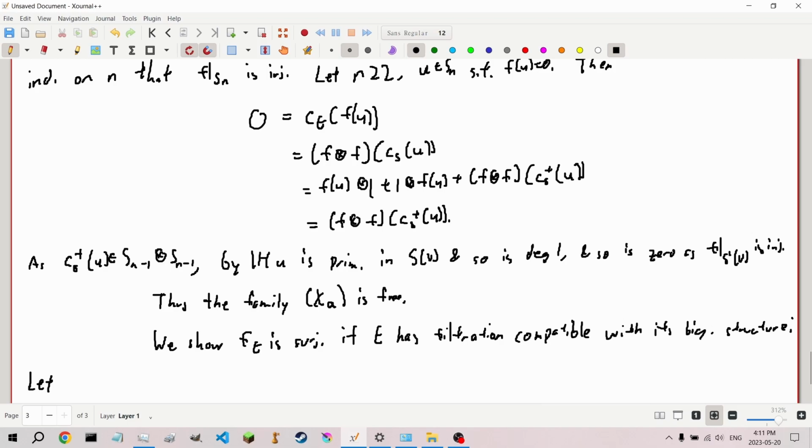So we're going to let E sub n be such a filtration, and E_n^+ be the intersection, the elements of E_n inside the kernel of the counit.